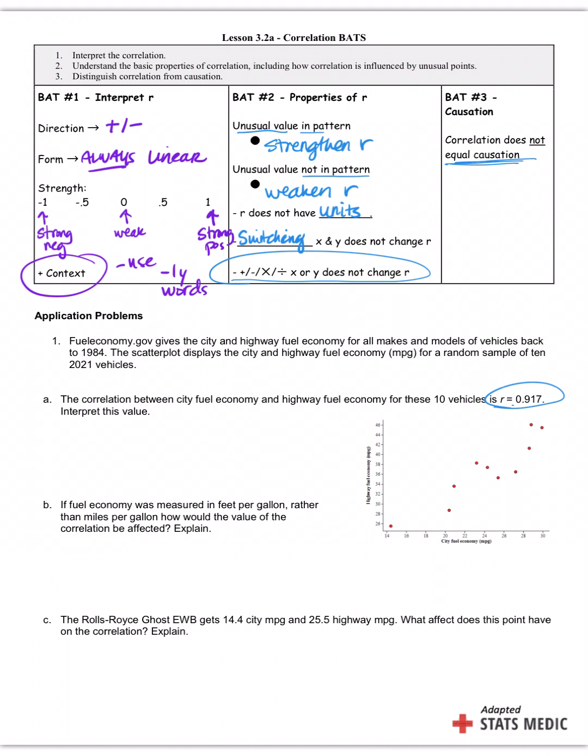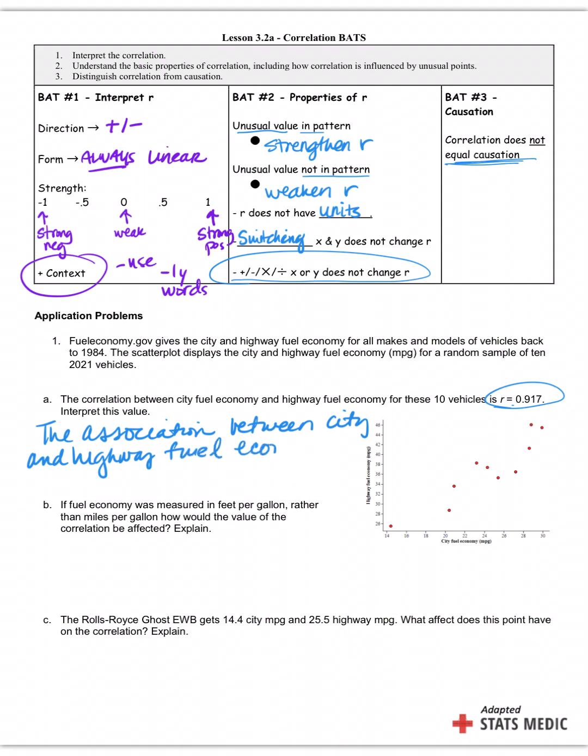All right, that's that first bullet point thing we need to do. We need to do a direction, call it linear, and give it some strength, okay? And always have context. So we could say the association between city and highway fuel economy is, what would you say here?